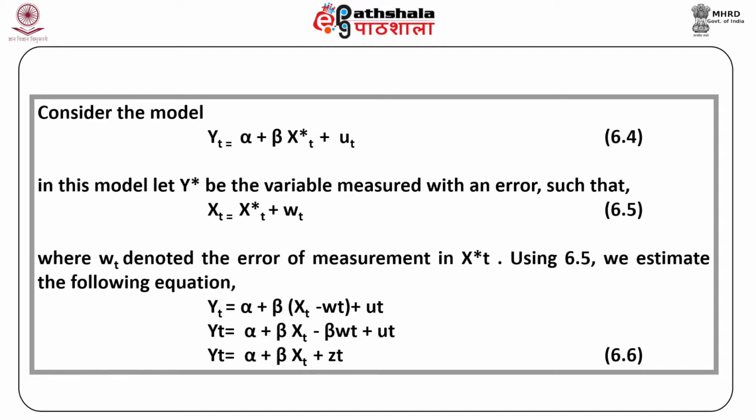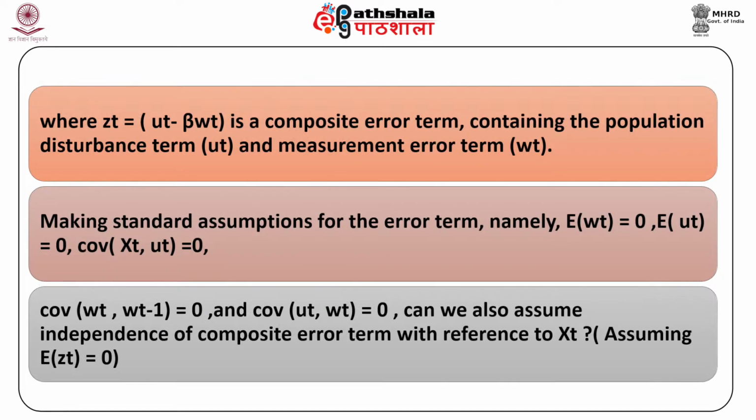Using the above equation, we estimate the following equation: y_t is equal to alpha plus beta (x_t minus w_t) plus mu_t, which gives y_t is equal to alpha plus beta x_t minus beta w_t plus mu_t, that is, y_t is equal to alpha plus beta x_t plus z_t. Let's call this 6.6, where z_t is equal to mu_t minus beta w_t is a composite error term containing the population disturbance term mu_t and measurement error term w_t.